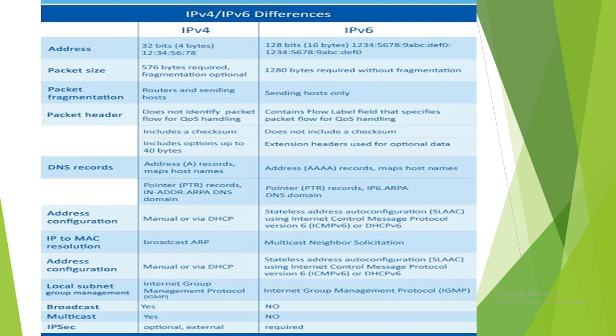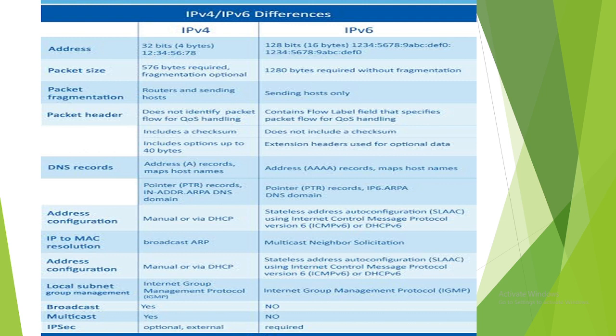The packet header does not identify the packet flow for QoS handling, while IPv6 contains a flow label field. IPv4 includes a checksum; IPv6 does not. DNS records and address space also differ, and configuration is manual or via DHCP.